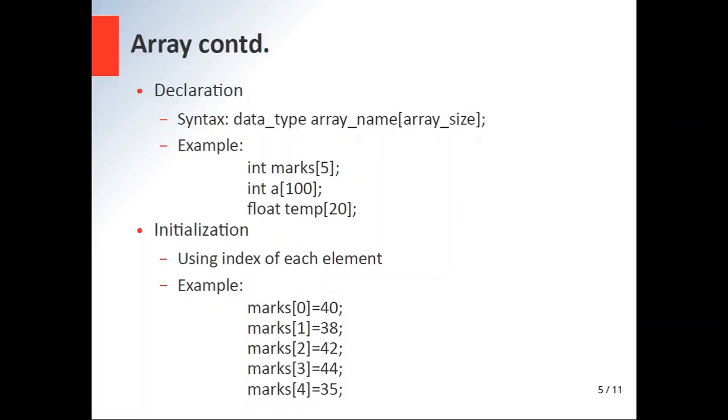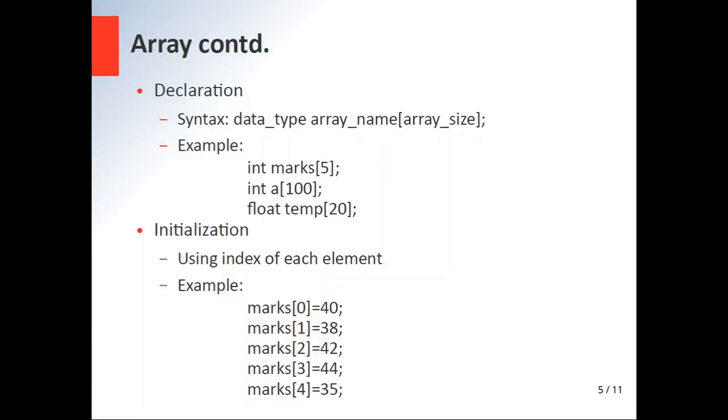Next, initializing an array. The simplest way to initialize an array is by using the index of each element. We can initialize each element of the array by using the index. For example, marks[0] = 40.